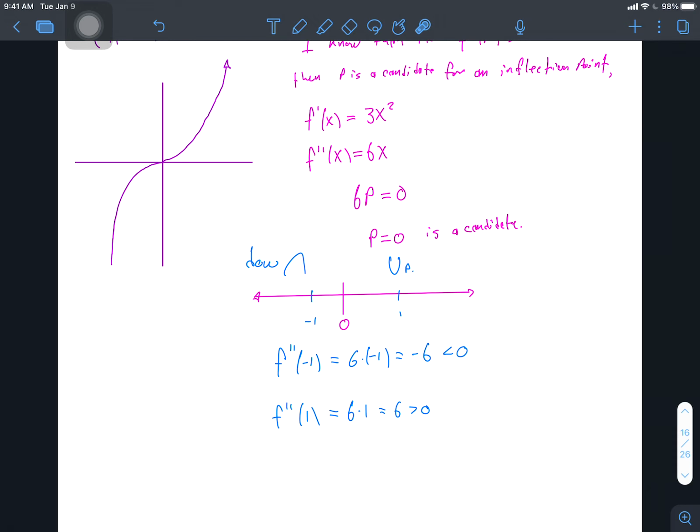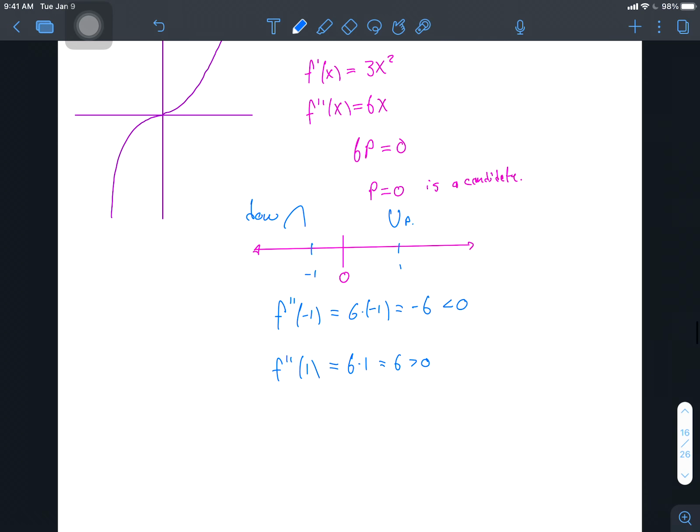Okay? With these things in mind, I can conclude f double prime changes sign at x equals 0.